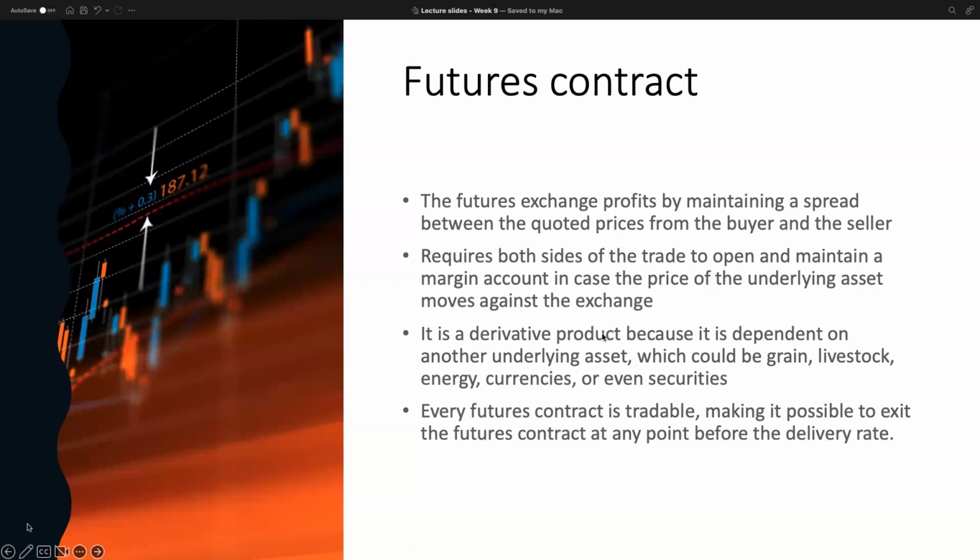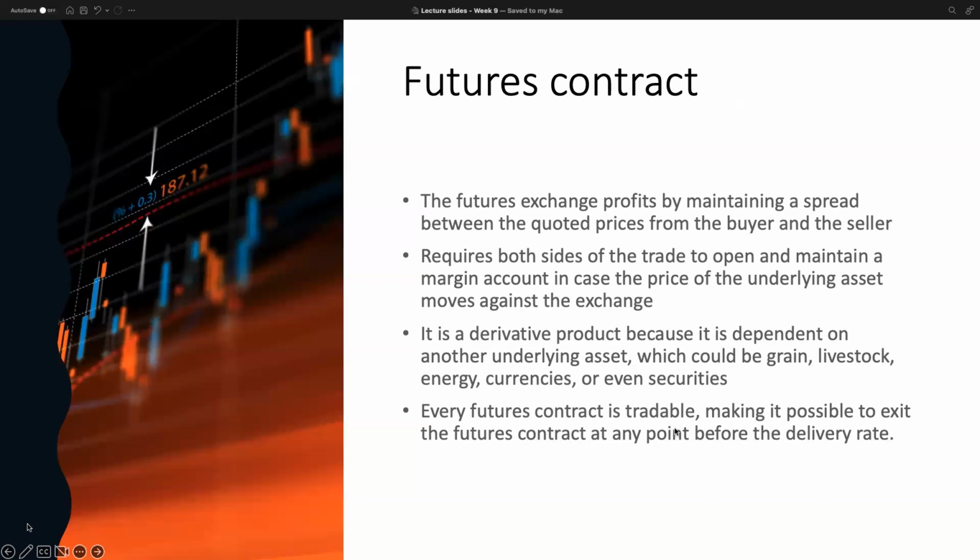A futures contract is a derivative product because it depends on another underlying asset. It could be physical assets such as grain, livestock, energy, or non-physical contracts for assets such as currency or even securities.